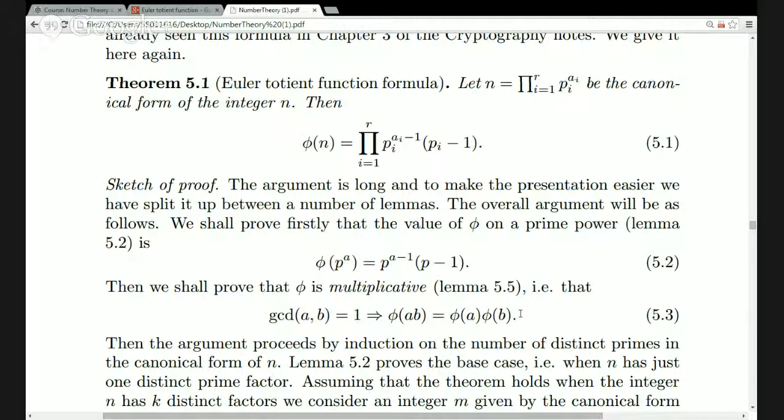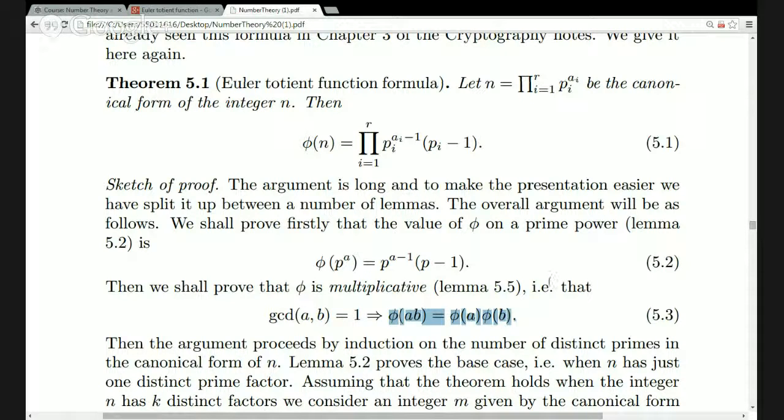A function is called completely multiplicative if it always behaves like this: if phi of a product is just the product of the phi values, so phi of a times b is phi of a times phi of b. But that's quite restrictive. There aren't many interesting functions around that behave exactly like that. So it's quite a restriction to place on something.